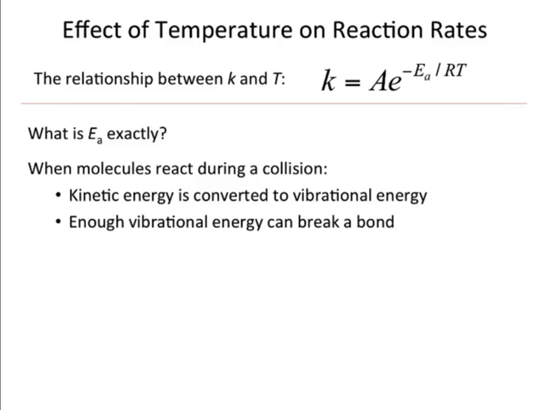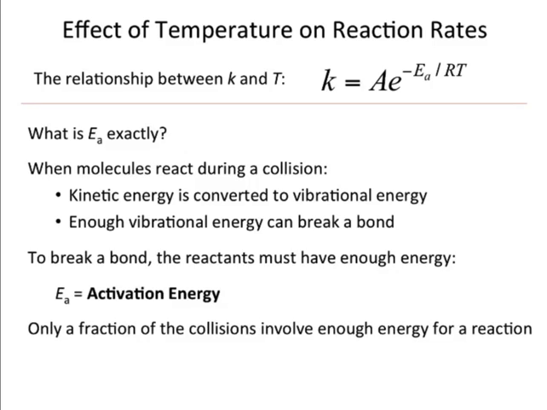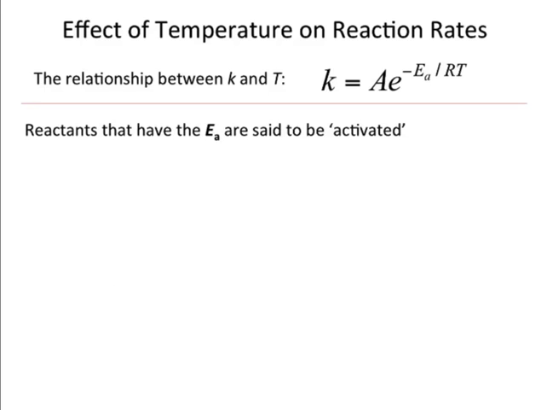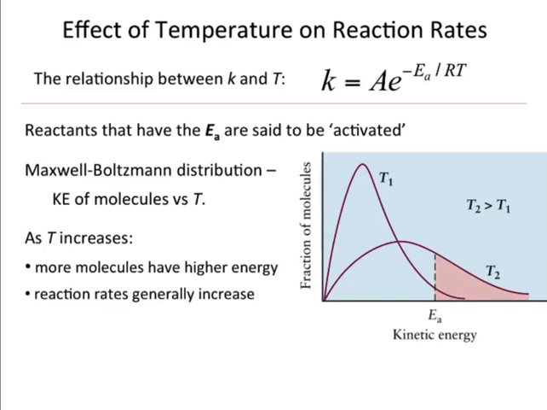If you smash two things together harder, you're going to make more of a reaction. This sums it up: to break this bond, you need enough energy. Ea is the activation energy, and only a fraction of collisions have this. Just another vocab thing: reactants that have this activation energy are said to be activated. We'll see that word come back.